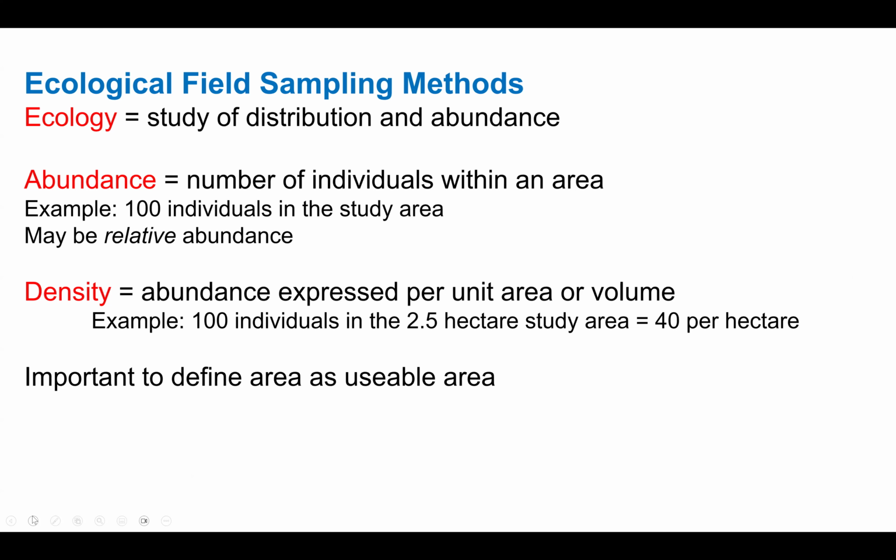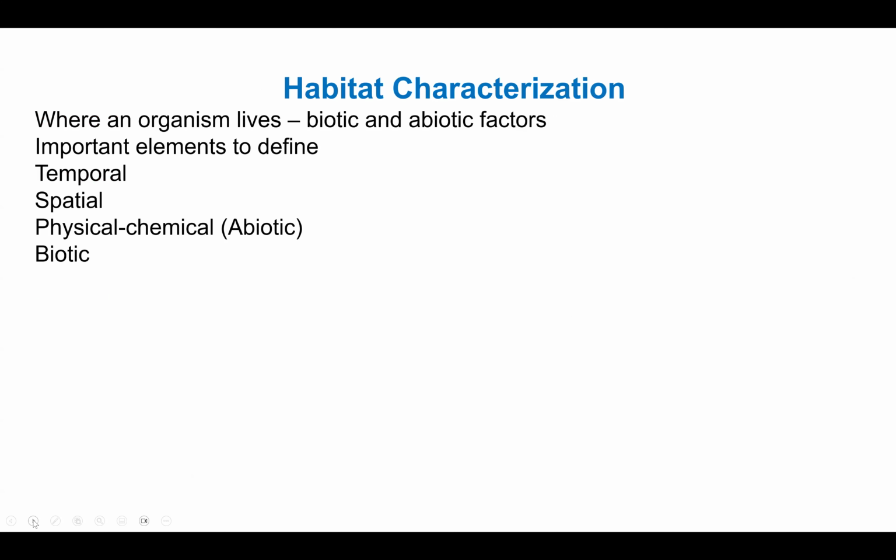So if 100 plants are within a 2.5 hectare study area, we look at 40 per hectare. It's really important that you define that area, because if you don't, it doesn't really mean anything, right? There's 100 sheep. Okay, well, there's 100 sheep grazing on 1 acre, or there's 100 sheep grazing on 100 acres. It's a big difference, right?